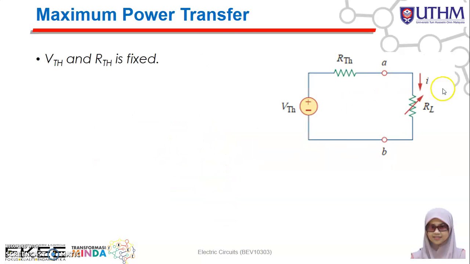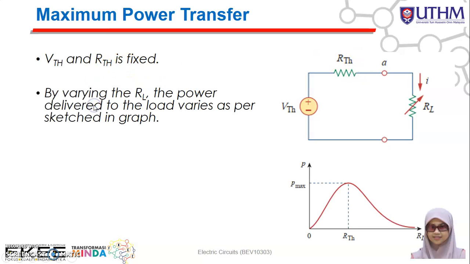Based on the equivalent Thevenin circuit, we know that V Thevenin and R Thevenin are fixed, so the only thing that changes is RL.